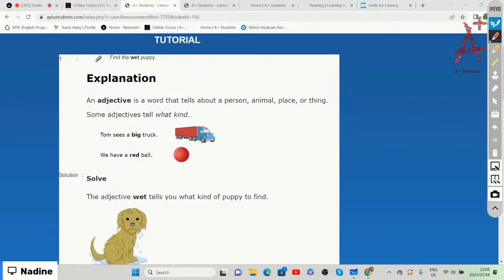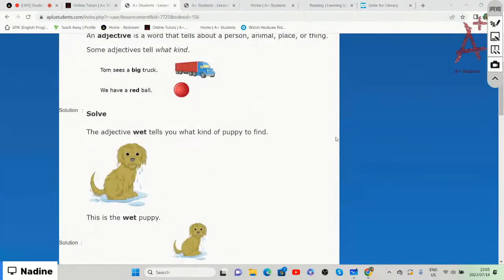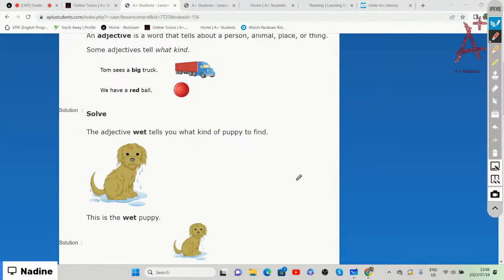All right, so now if we look at this first sentence or question, they're basically asking us to find the wet puppy. If we look at the picture in front of us, we see a wet puppy.